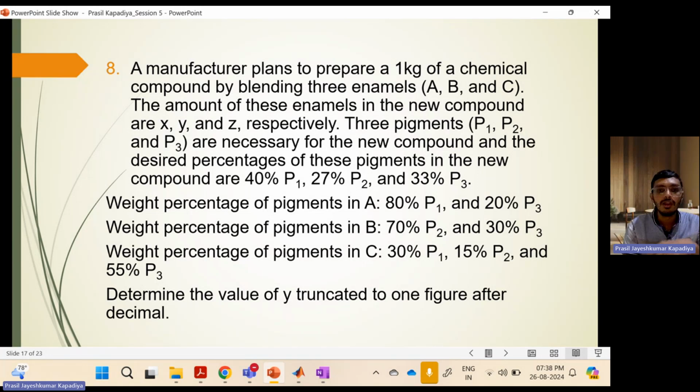The desired percentages of these pigments in the new compound are 40% P1, 27% P2, and 33% P3. The weight percentages of pigments in A are 80% P1, 20% P3; in B, 70% P2, 30% P3; and in C, 30% P1, 15% P2, and 55% P3.